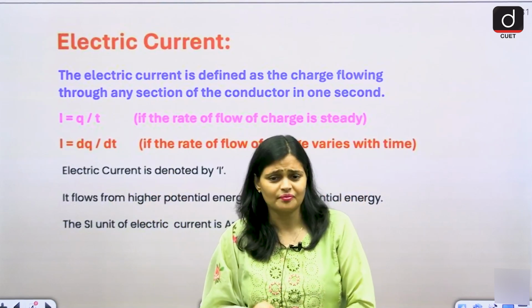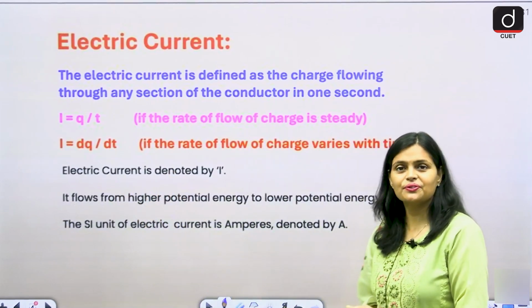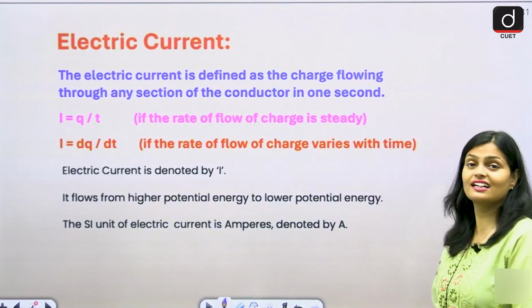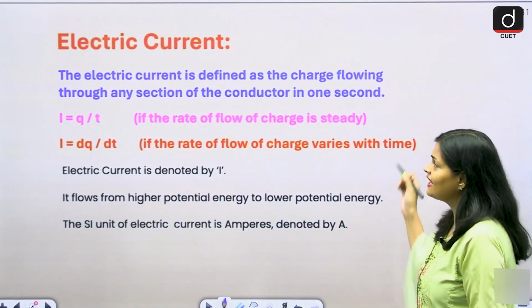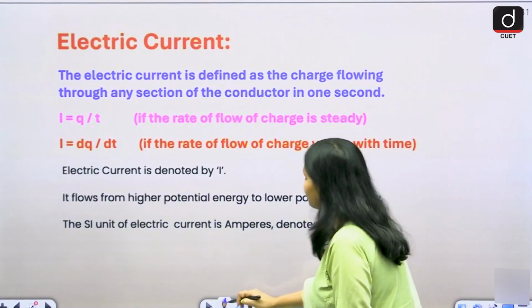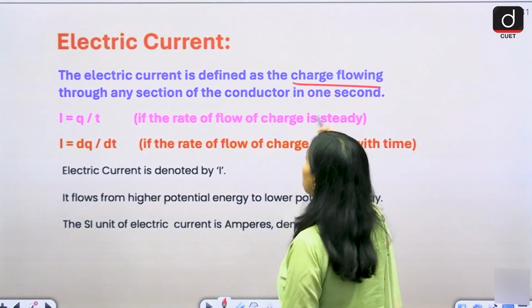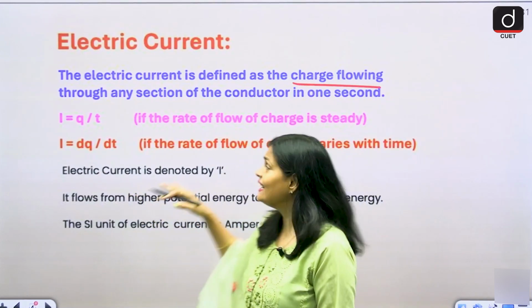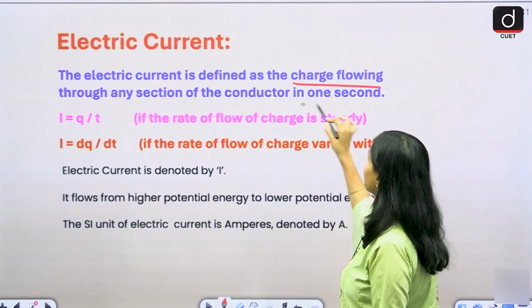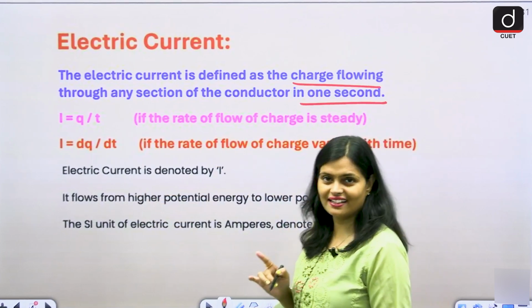So how are you going to define electric current? Actually, the electric current is defined as the charge flowing through any section of the conductor in 1 second, right?